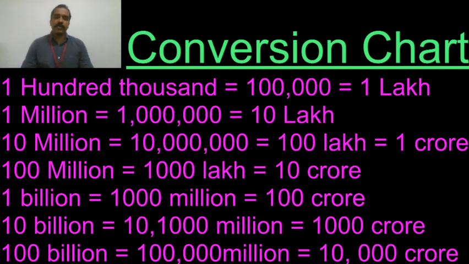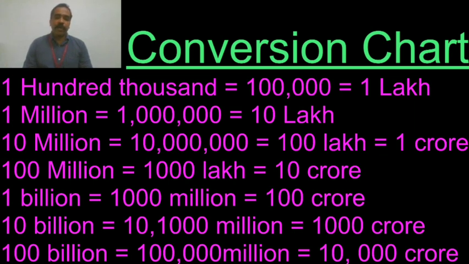The numeration is also given on the screen, note it down. And 10 million is actually 100 lakh. We know that 100 lakh is equal to 1 crore. And 100 million is equal to 1000 lakh. 1000 lakh means it is equal to 10 crore. So 100 million means 10 crore.